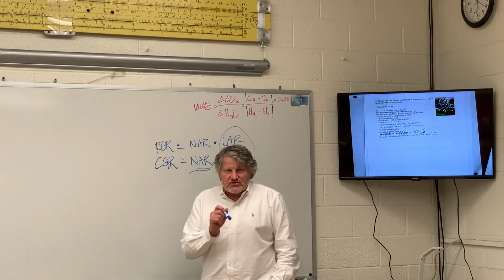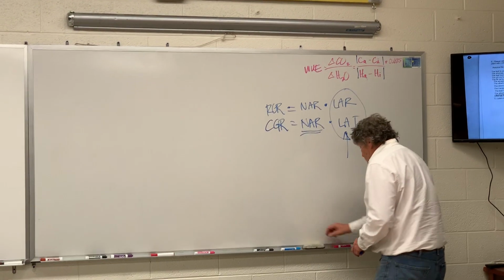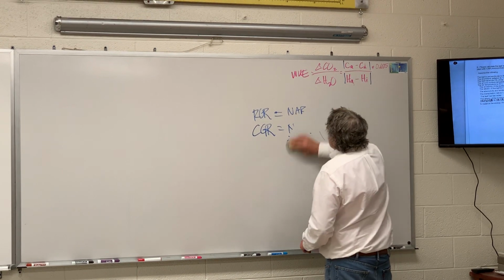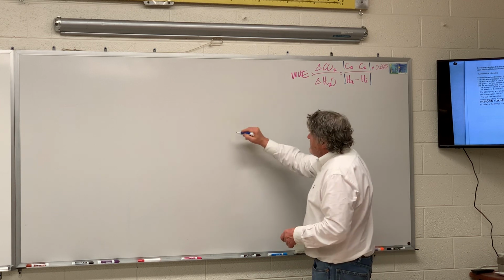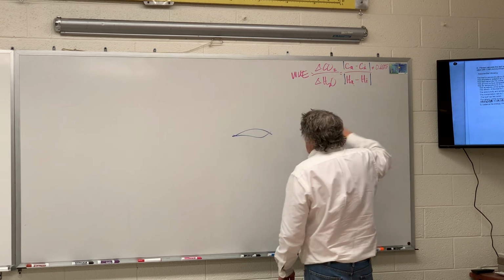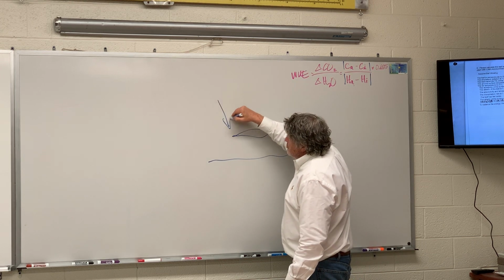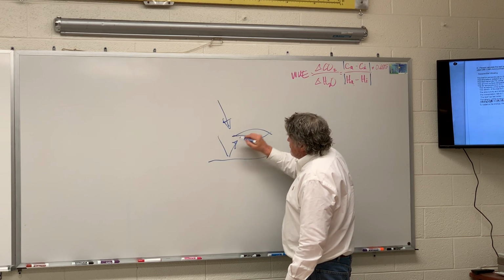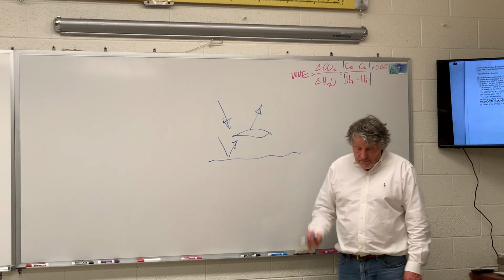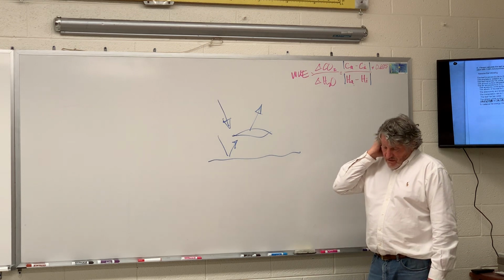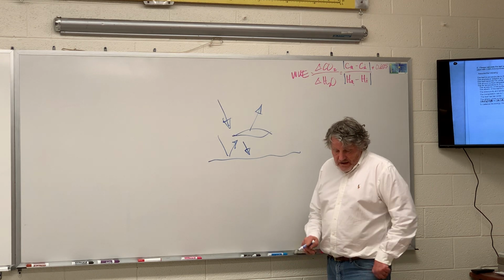Step 1, and this is the key to solving any of these, is look at the component parts. And let me erase this. This is pretty simple. Step 1, here's the leaf. This is an agave with vertical leaves, but we'll still do this. So we've got shortwave in, we've got shortwave reflected, we've got transmitted radiation for shortwave.